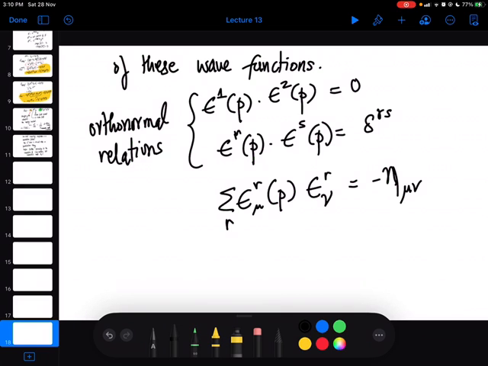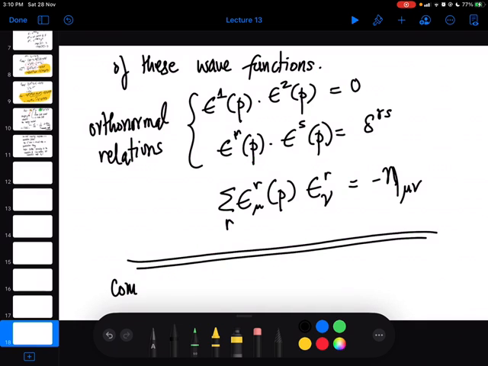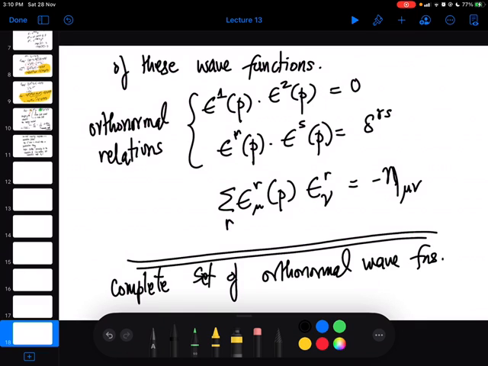I gave you these for completeness relations: these are a complete set of orthonormal wave functions. This minus sign depends upon the convention. Let me just write it as epsilon mu.